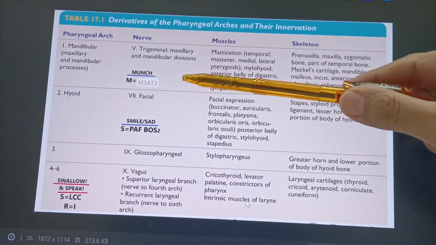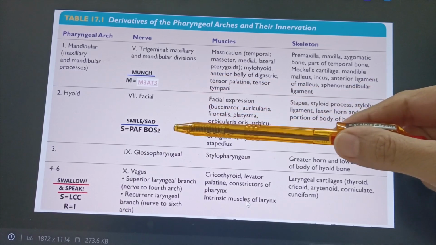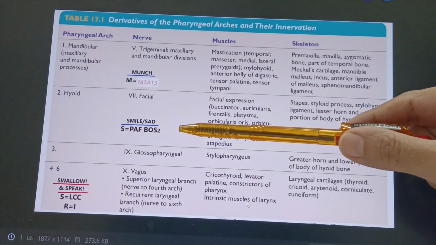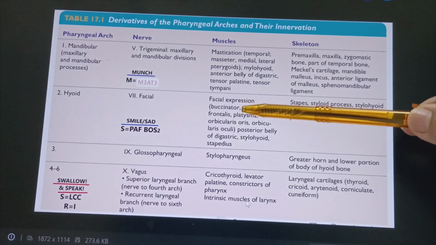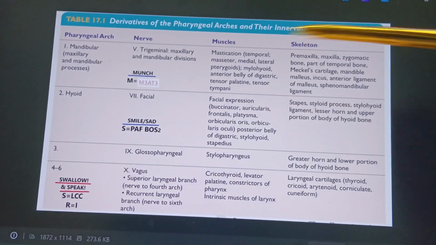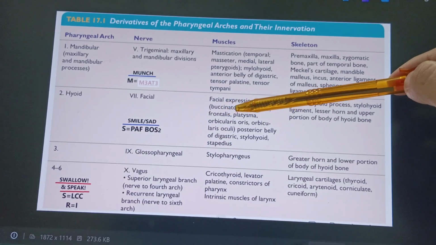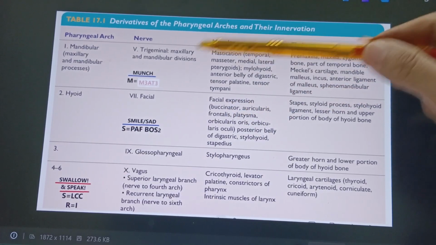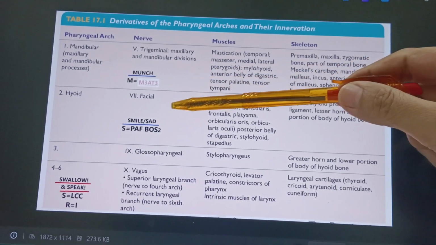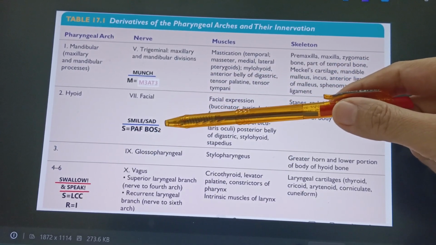So after eating some good burger, after munching, we either smile or become sad to show our facial expressions. Now you see the second arch shows the derivatives, the facial expression muscles, as we are showing after munching or eating. Either our face gives a smile or we seem to be sad.